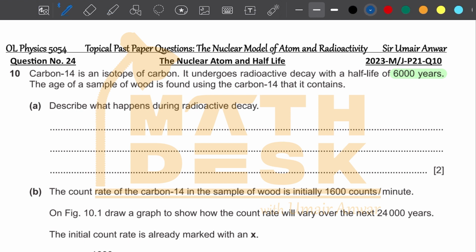Part A. Describe what happens during radioactive decay.